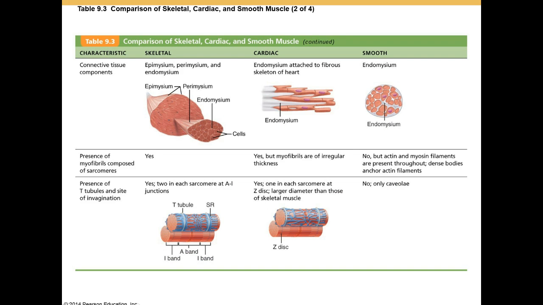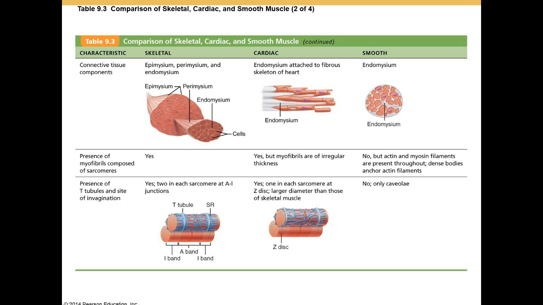Likewise, there's a little difference in the connective tissue components. Skeletal muscle, I emphasize the endomysium, perimysium, epimysium, all eventually forming a portion of the tendon. In cardiac and smooth muscle, it's mainly endomysium, holding the cells together. Skeletal muscle and cardiac muscle are both striated and they both have myofibrils.